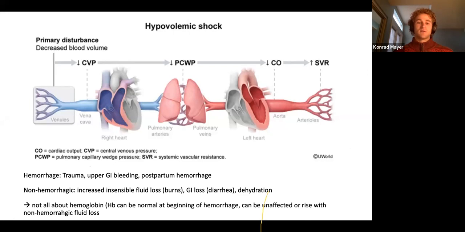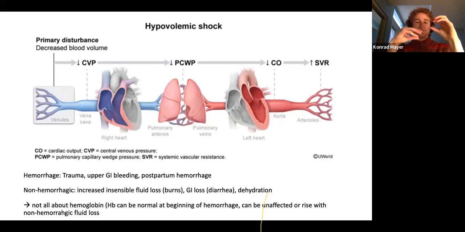A good way to picture this is if somebody is losing large amounts of blood after recently sustained trauma, then they're losing an equal amount of red blood cells, thrombocytes, white blood cells, and plasma. And so the proportion of the hemoglobin to the rest of the blood is the same.